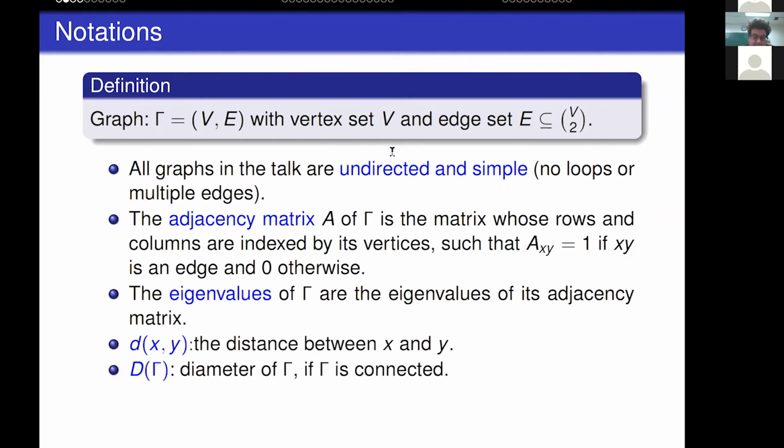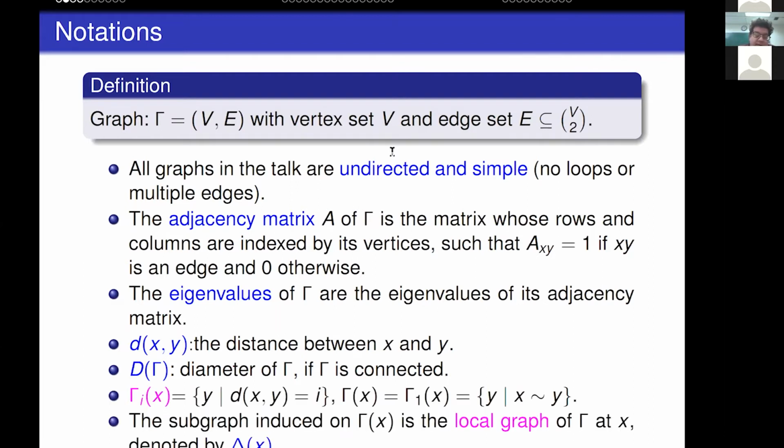We will look at the distance between x and y, that is the shortest path distance. And if the graph is connected, we have d, the diameter of gamma, that is the maximal distance between any two vertices.